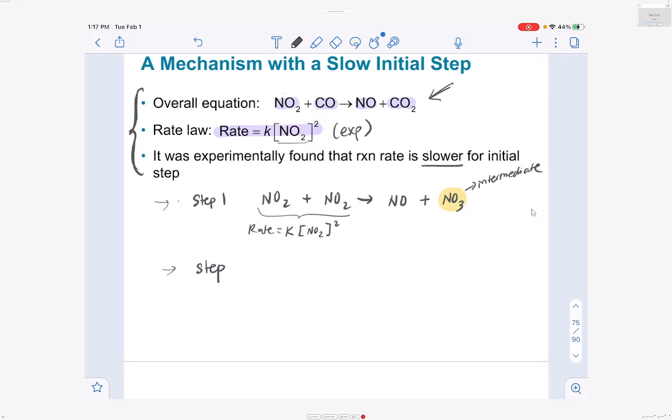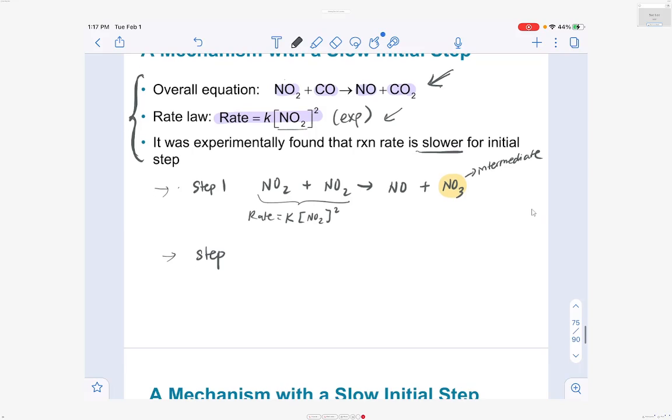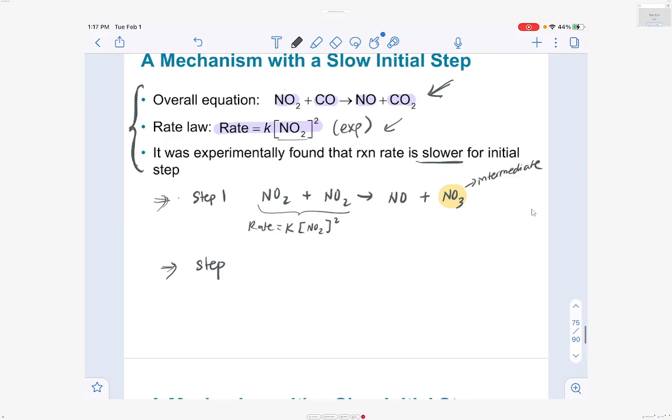You are provided the overall equation. You are provided the rate law for the entire overall reaction. And then you know that the initial step, step one, is the slower reaction. So they want you to propose a mechanism for step one. They want you to propose a mechanism for step two. They want you to propose a plausible one.